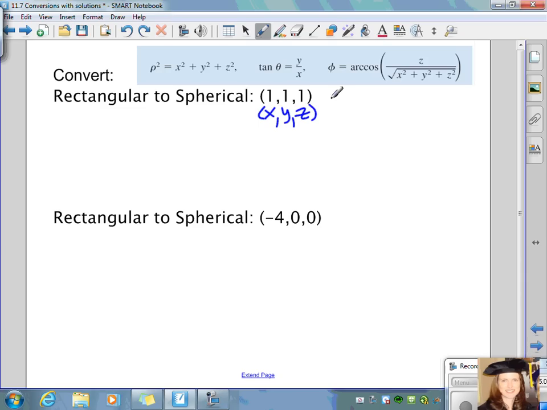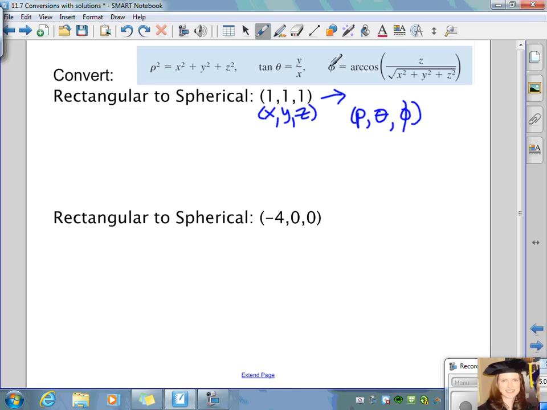And when we convert them to spherical, we want them in the form of rho, that's your distance from the origin, and then your theta, that's your angle from the positive x-axis in the direction of the y-axis, and your angle phi, which is the angle from the positive z-axis. So we want to convert the point (1, 1, 1) to the point in the same location using the spherical coordinate system.